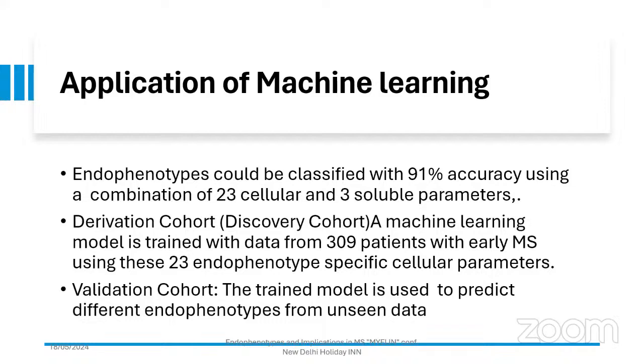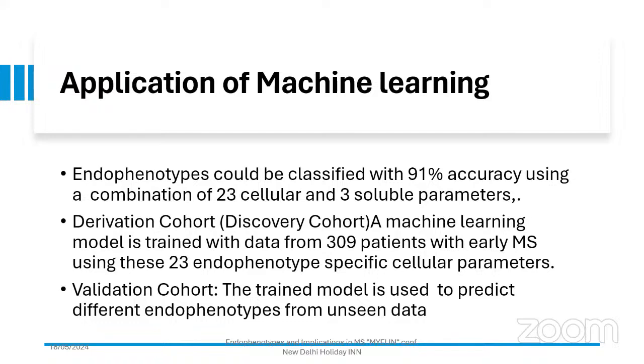So endophenotypes could be classified with 95% accuracy using a combination of 23 cellular and 3 soluble protein parameters, which were brought out by the flow cytometry and proteomics. See, the discovery cohort or derivation cohort, which is a machine learning model, it is trained with this data from 309 patients with early MS using these cellular and soluble specific parameters.